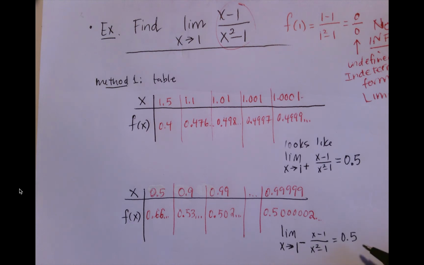And so it appears, I can't say with 100% certainty, that since the left and the right limits are both 0.5 and they're equal, the limit as x approaches 1 of my function is equal to 0.5, or 1/2. Now that's just what appears to be happening.